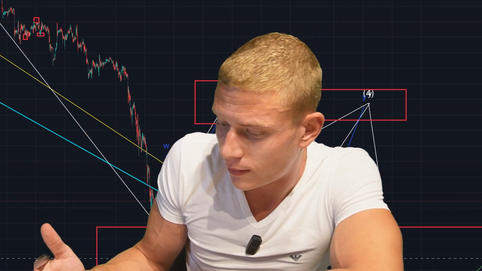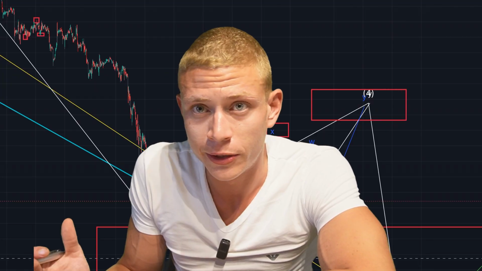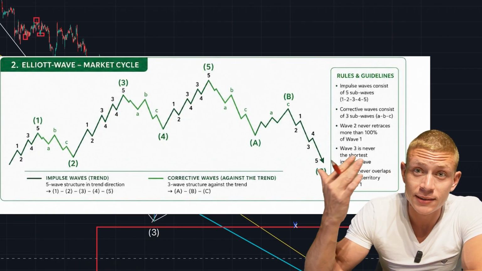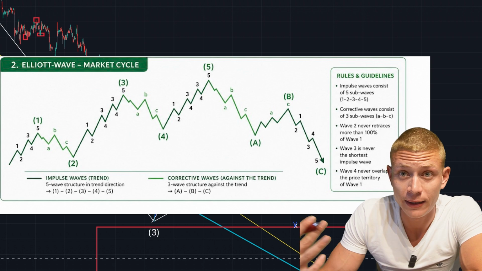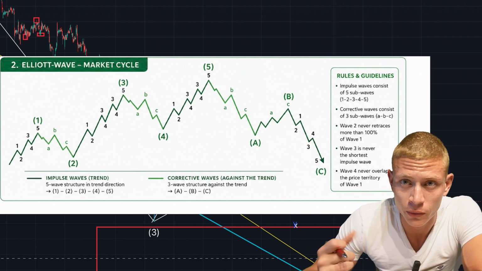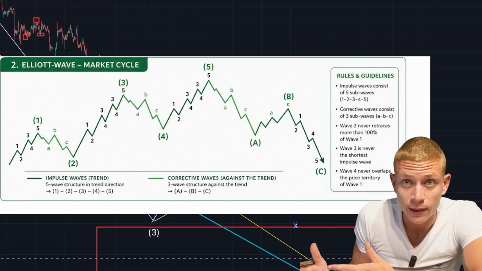But let's start by going over the general Elliott wave market cycle, the basic thought that builds the foundation of the whole analysis I'm using to decide whether I'm taking a trade or not.